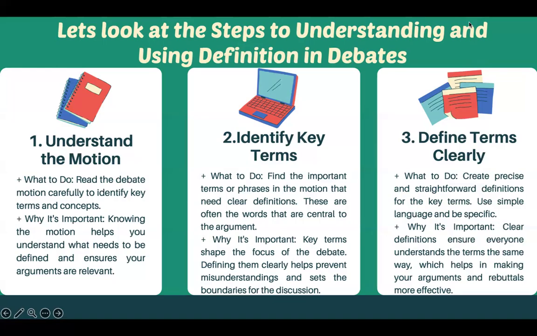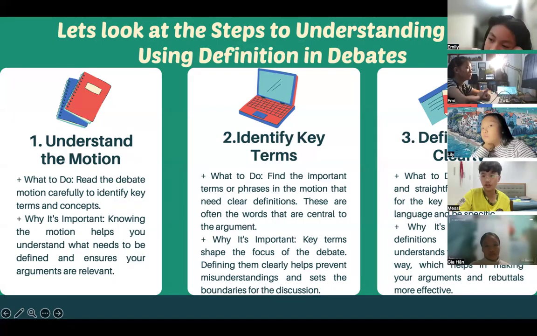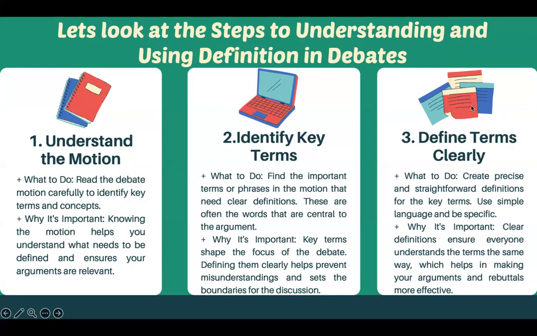Why is it important? Clear definitions ensure everyone understands the terms the same way, which helps in making your arguments and rebuttals more effective. Excellent. Thank you, Zahan. Okay. So what is defining the terms clearly? It's just you are defining the motion. That's it.